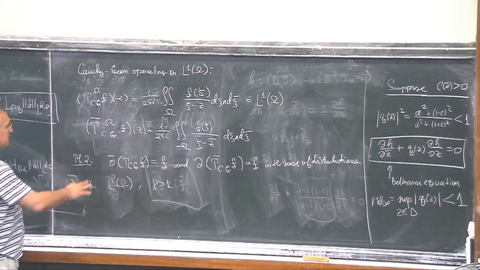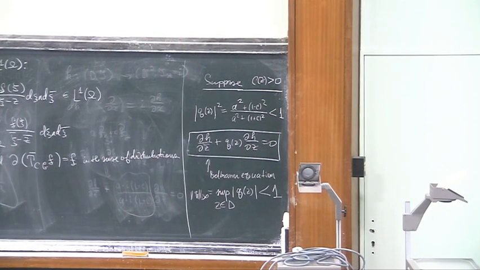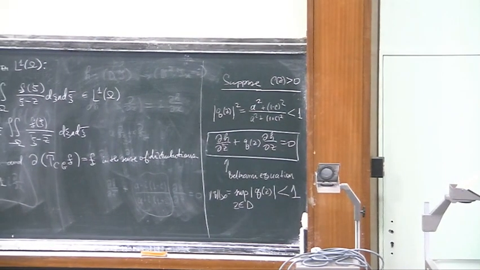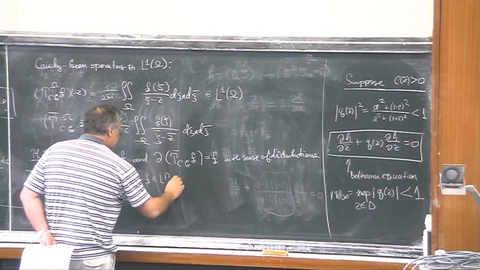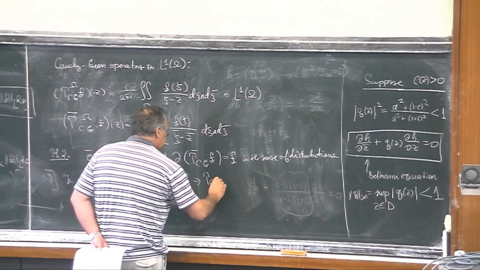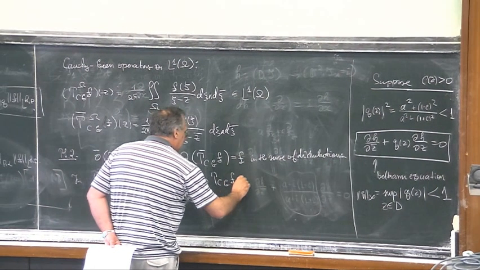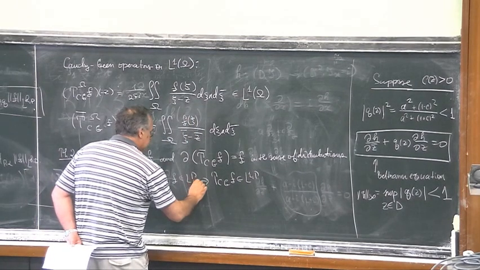And then these operators are much better. In a moment, we shall see that if f is in LP, with P bigger than 1, then Cauchy-Green of f is in W1,P of omega.